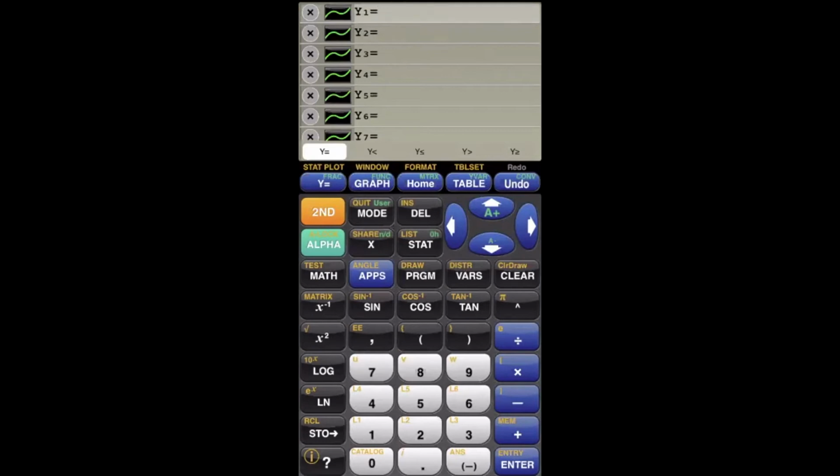And I'm going to set y1 equal to 1 over, I can't use s on here, so it's okay to use x minus 1 squared. All right, and now I'm going to hit table.